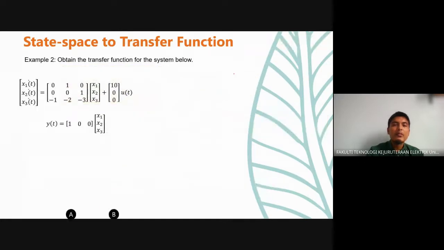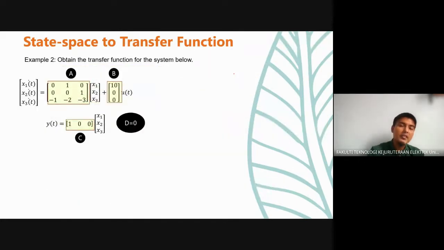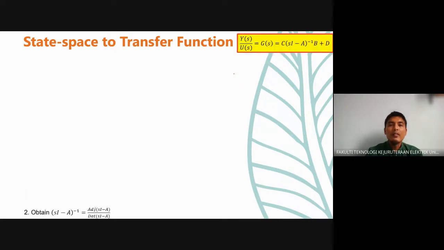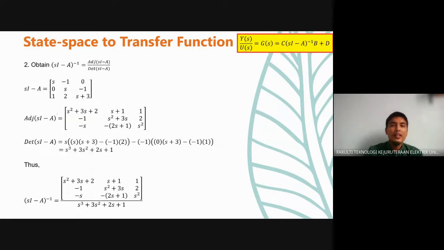So in control systems, you need to have some strategies to make your life easy when solving the question. You can see that this is sI minus A. Now we want to calculate the adjoint of sI minus A. As I mentioned earlier, you need to transpose: s, -1, 0, 0, s, -1, 1, 2, s plus 3.